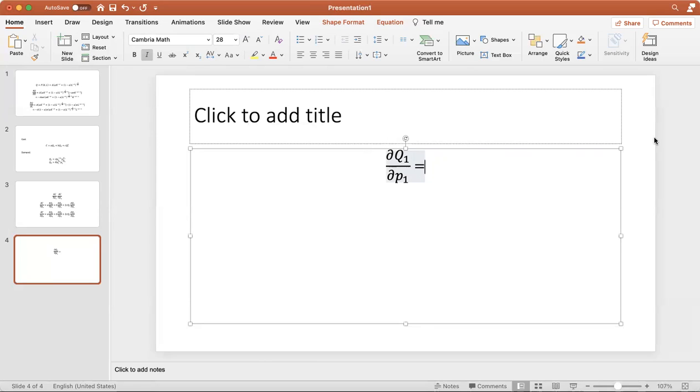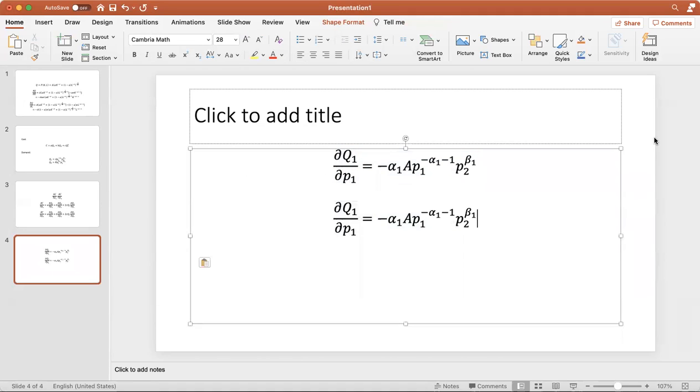P2 is treated as a constant, so we'll just leave it as it is. We'll just focus on P1. So that's going to be negative alpha 1 a P1 raised to negative alpha 1 minus 1, P2 raised to beta 1. All right, so that's your partial of Q1 with respect to P1.